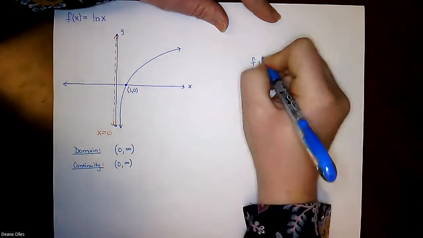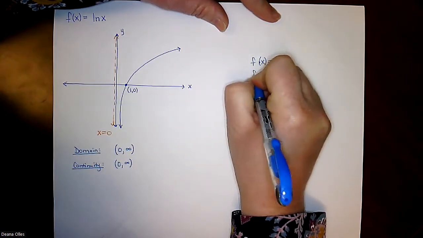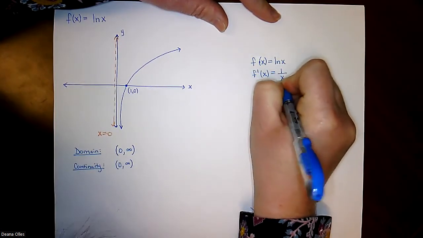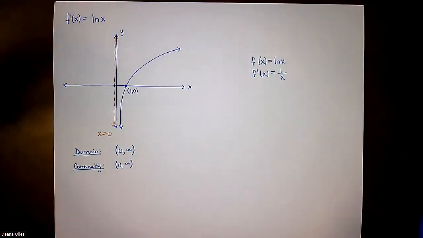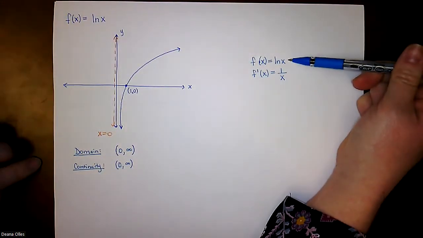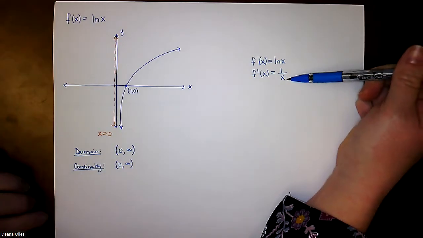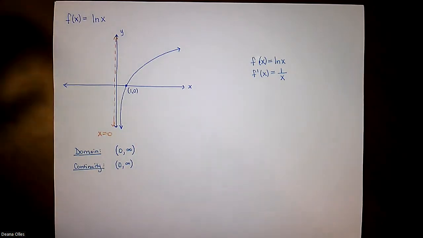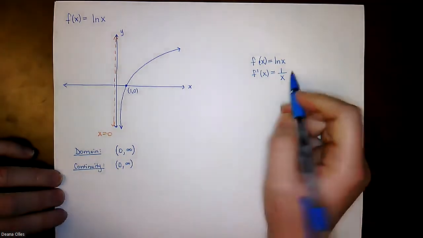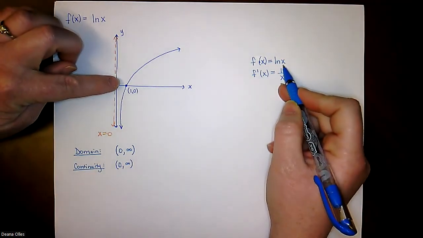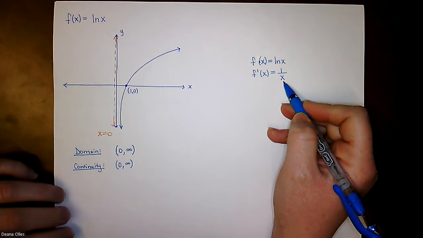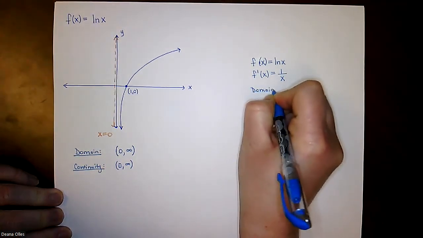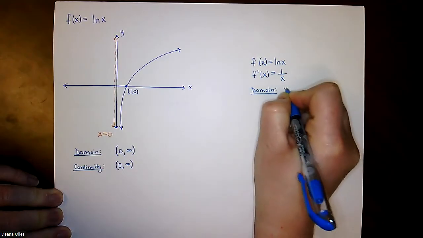Okay, so taking the derivative of the natural log of x will give us f prime of x equals 1/x. Now we have to be careful here because if x couldn't be negative to begin with, it can't be negative now. We can't just all of a sudden allow negative numbers. So we know that x is still going to be strictly positive, and the only thing that comes about here is that x cannot be 0.